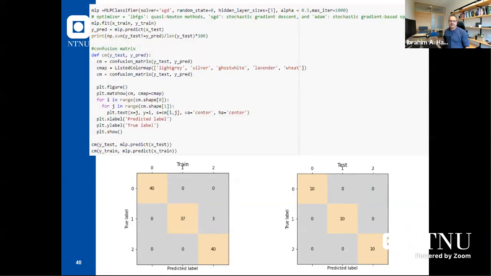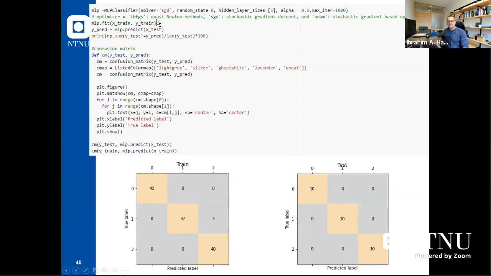So now we have the hidden layer size. We are lucky here, because when we train it, it will get the number of inputs from X-train and the number of classes from Y-train, right? So when we initialize the MLP here, we just need to specify basic things: the number of hidden layers, the number of units in each hidden layer, the number of iterations, the optimizer, and so on.